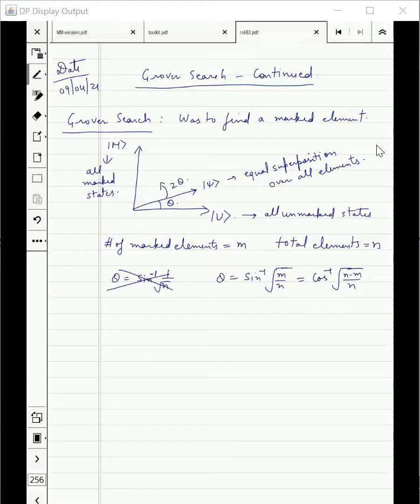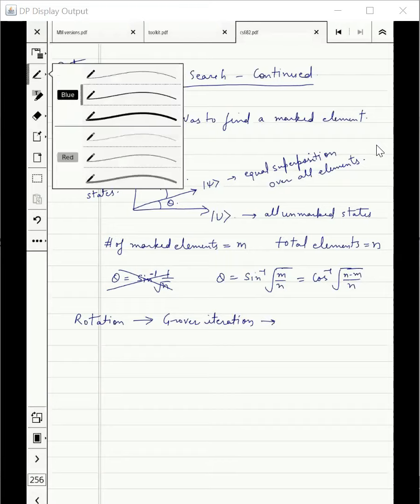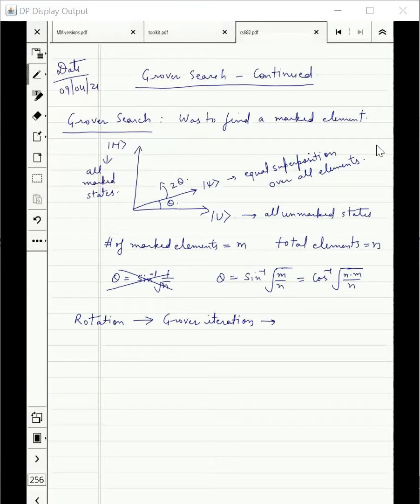And this rotation was achieved by, how did we get it? By taking the product of reflections around U and psi. Good. Product of two reflections.